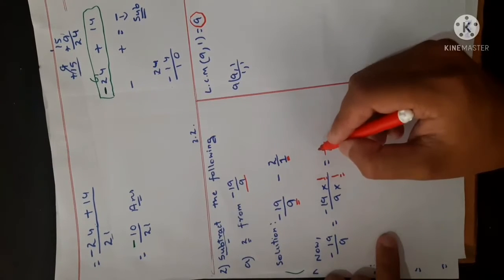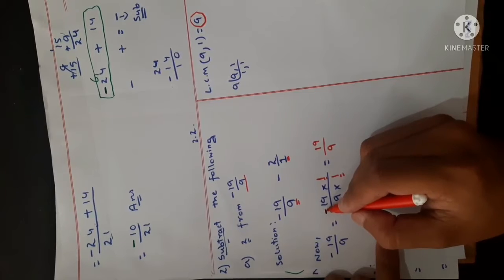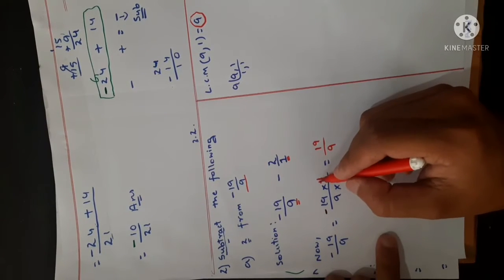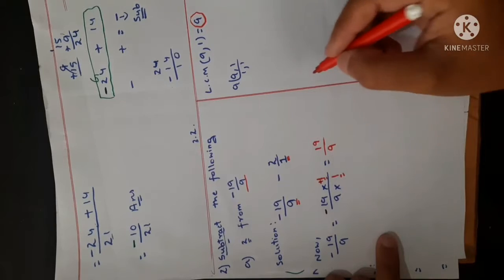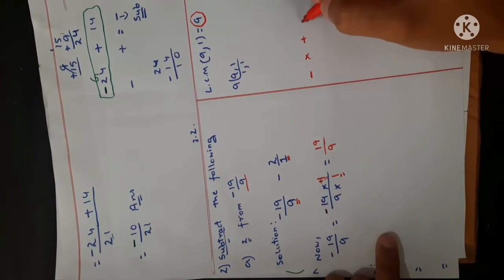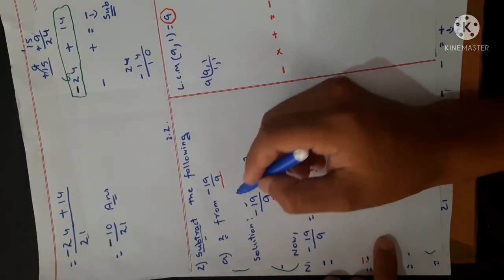So 19 multiply 1, we will get 19. But it's not done yet. This is a minus 19, and this is a plus 1. Since there is no sign in front of 1, it is always considered to be plus. Minus multiply plus, we will get minus. So we put minus.